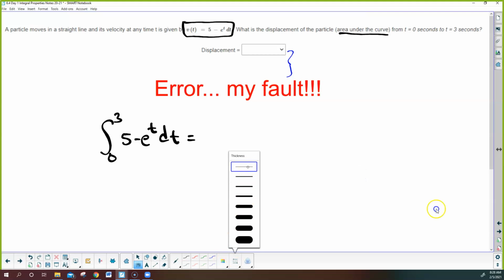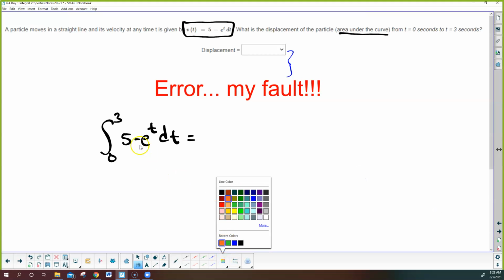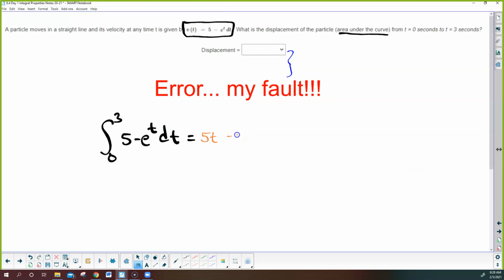So then once you have that, now you had to evaluate it and find the antiderivative of each piece here. So the antiderivative of 5 is 5t. The antiderivative of e to the t is just e to the t. And then we plug in from 3 to 0.